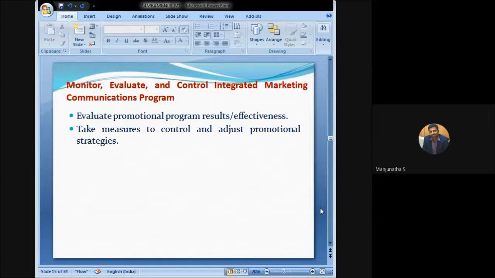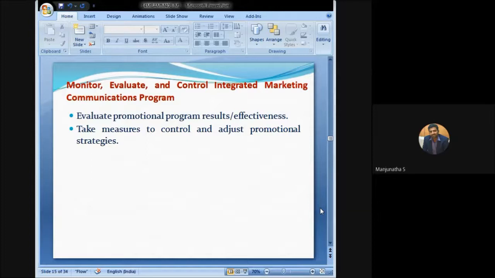We need to identify the effectiveness of advertisement, promotion, direct marketing, personal selling, public relations or publicity, and interactive or internet marketing, whatever IMC programs we have developed and executed, and how effectively we implemented them.